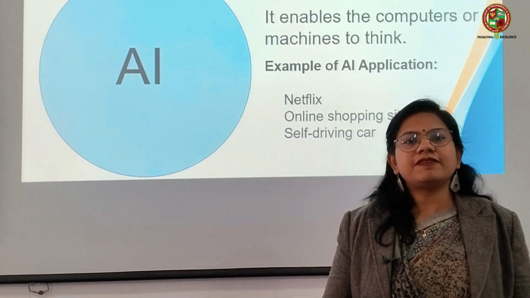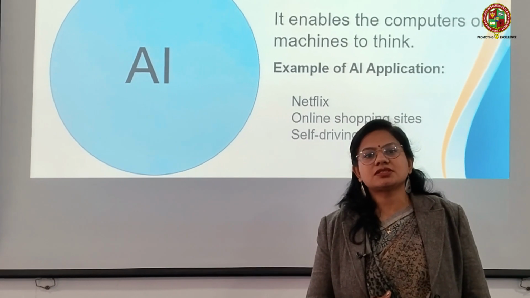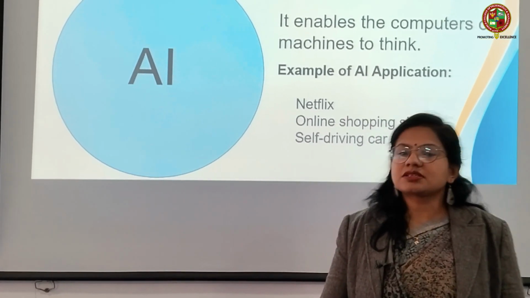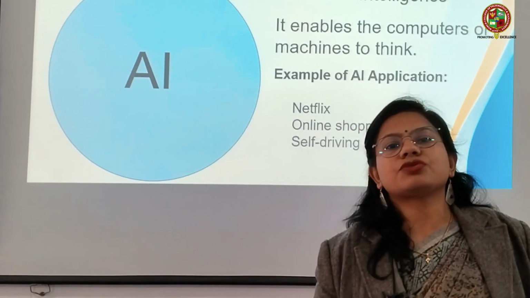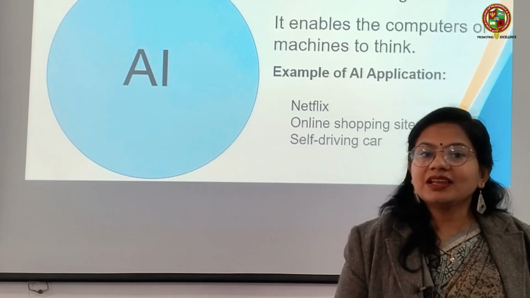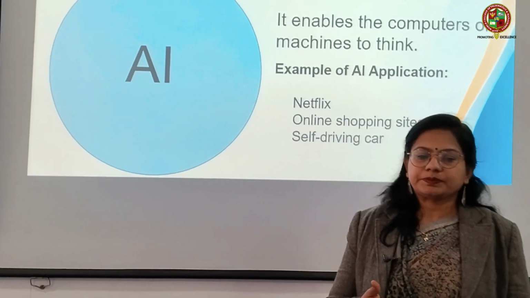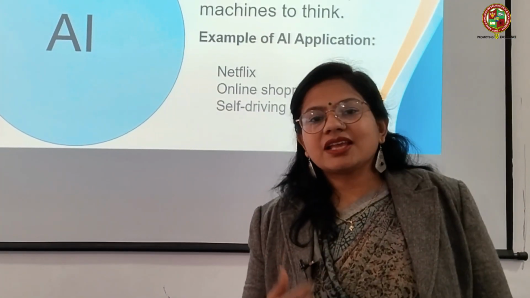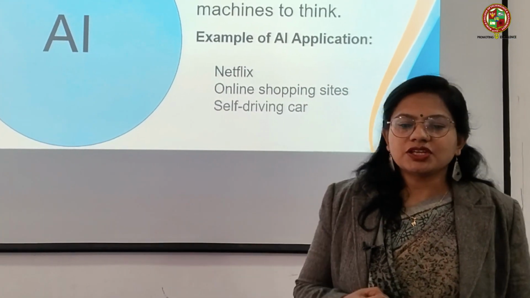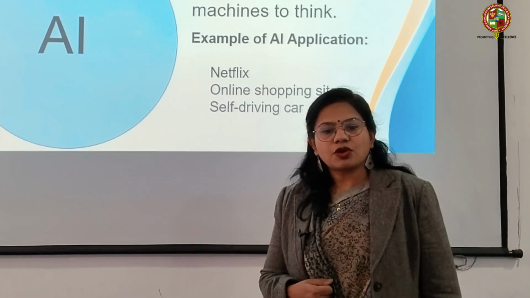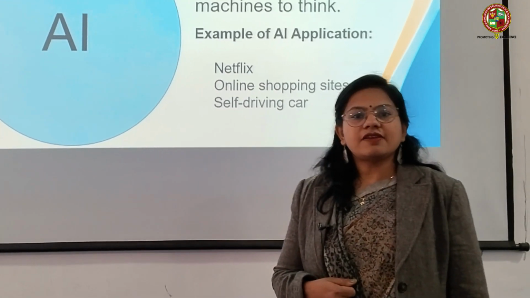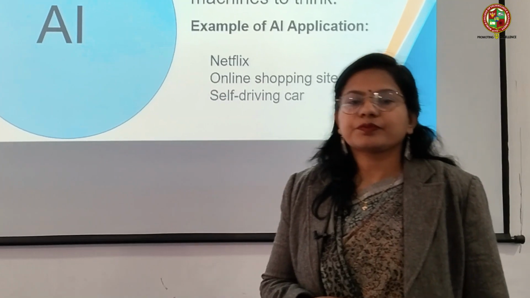And what does Netflix do with this recommendation system? It recommends a lot of movies of your choice to you. So basically here recommendation system is an AI application. Some other examples of AI applications are online shopping sites, self-driving car and so on.